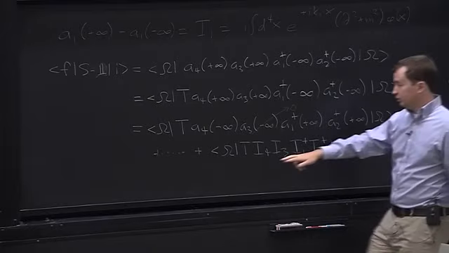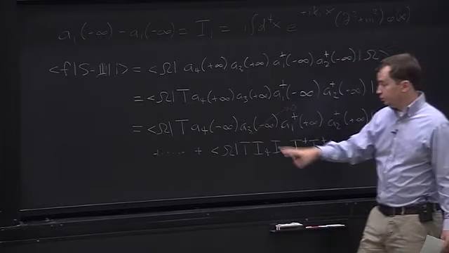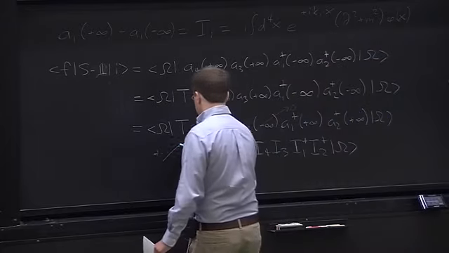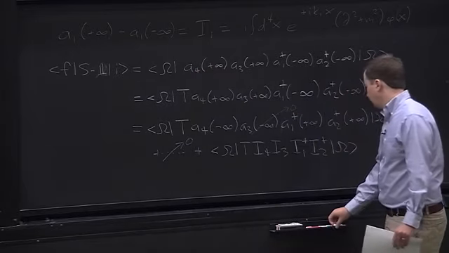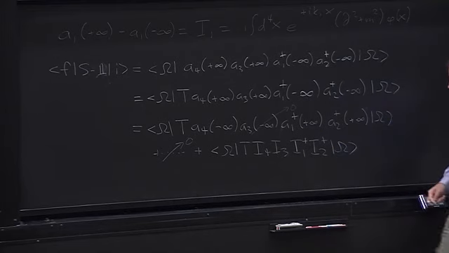So as long as there's at least one annihilation or creation operator, all these terms are 0. So the only term that survives is this last one.